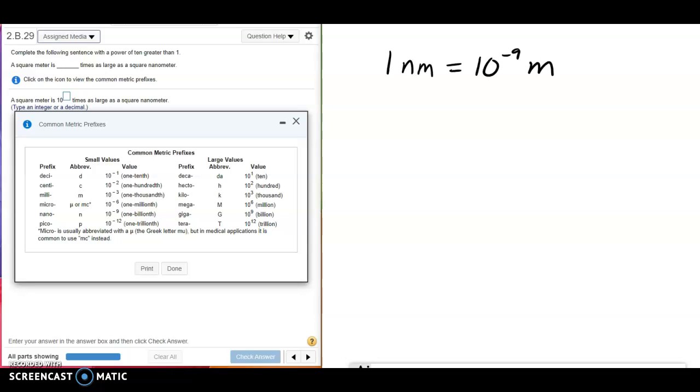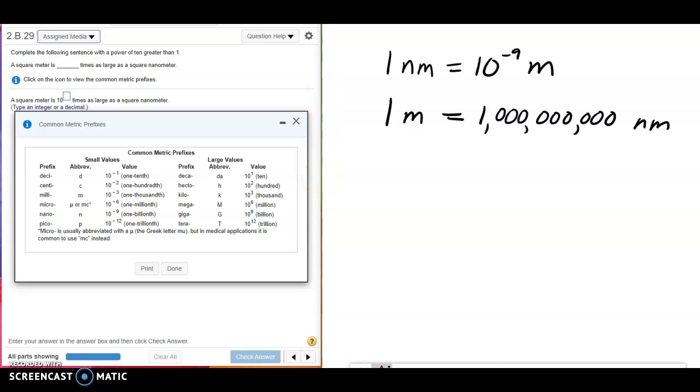Or equivalently, if I reverse this, we could say 1 meter is 1 billion nanometers. So these are my conversion factors. This doesn't say meters, it says square meters.